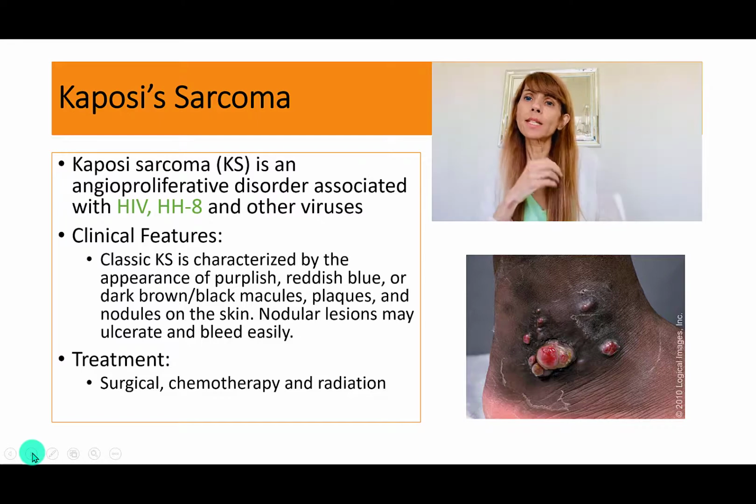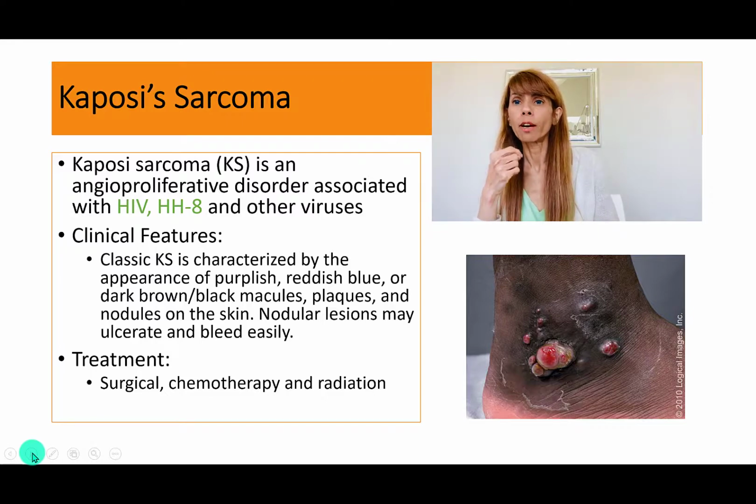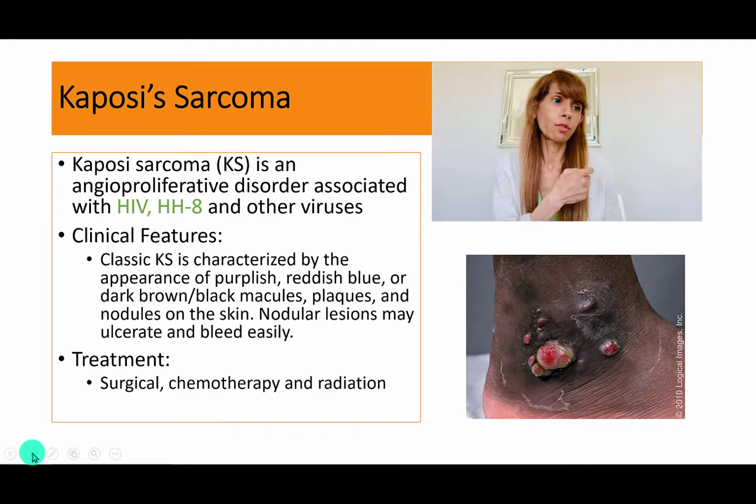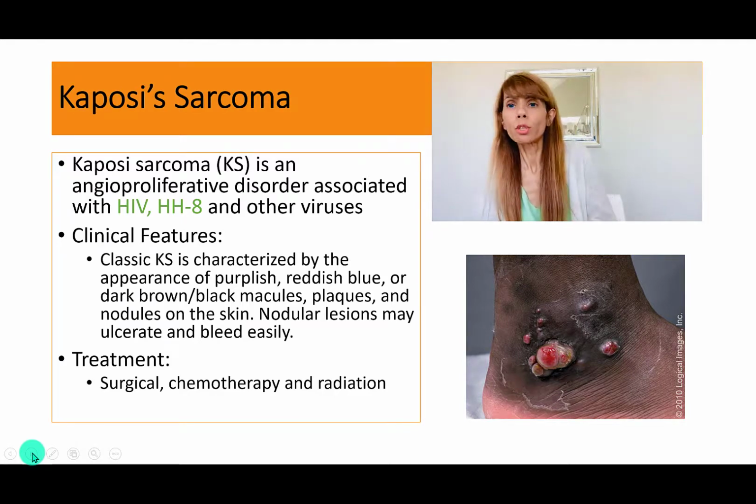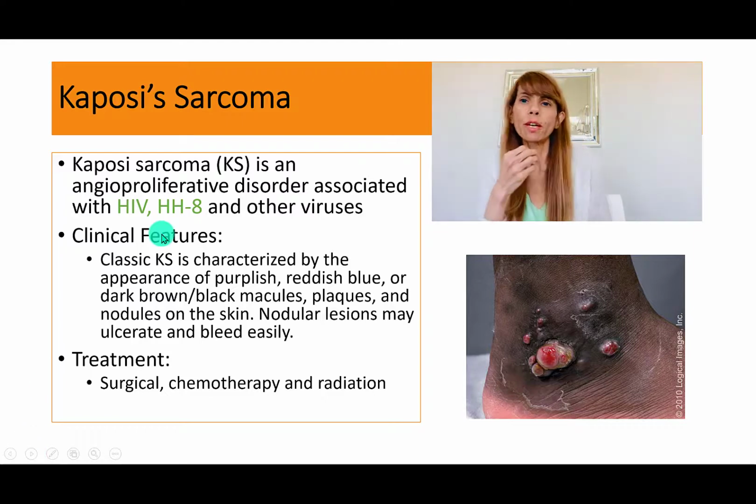So when it comes to cancers, lastly worth mentioning is Kaposi sarcoma. Kaposi sarcoma is a lesion that occurs as a result of a virus infection. Typically, it is going to be HIV or human herpes virus, and that happens because of an immune-mediated mechanism that involves these viruses. Kaposi sarcoma is going to be a purplish, reddish-blue colored lesion that usually spreads on the skin in the form of nodules, plaques, or macules.